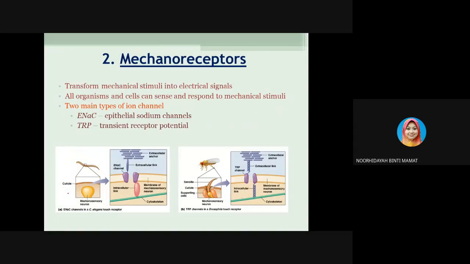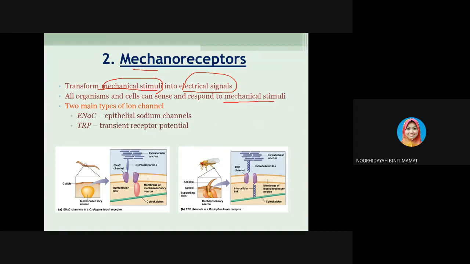So for the mechanoreceptor, it will transform the mechanical stimuli into electrical signals. All organisms and cells can sense and respond to mechanical stimuli.